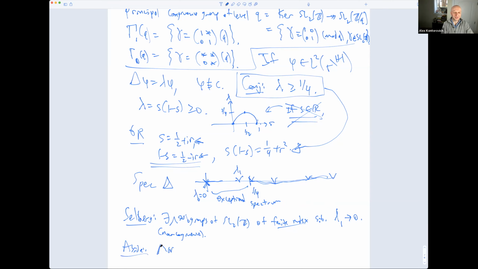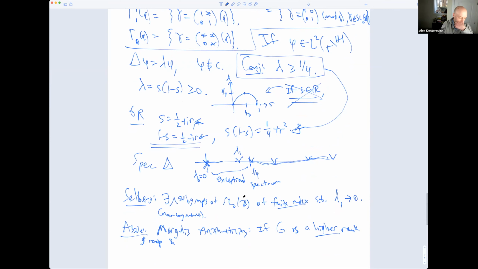A famous theorem of Margulis, arithmeticity, is that if G is a higher rank group, a rank greater than 1, and gamma is a lattice in G(R), then gamma is arithmetic. Well, this isn't quite what I want to say.